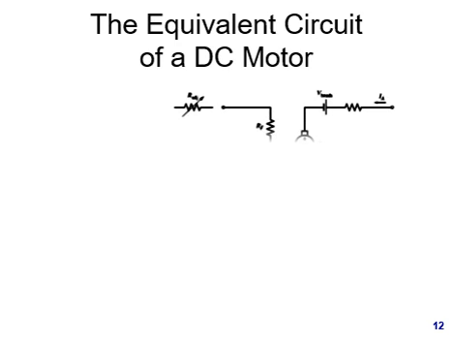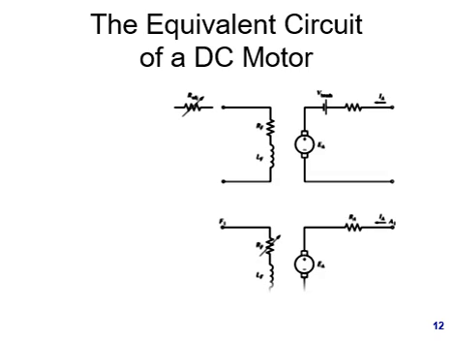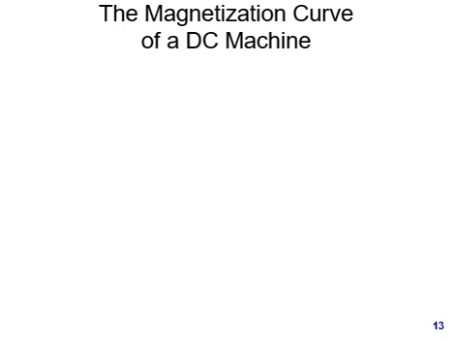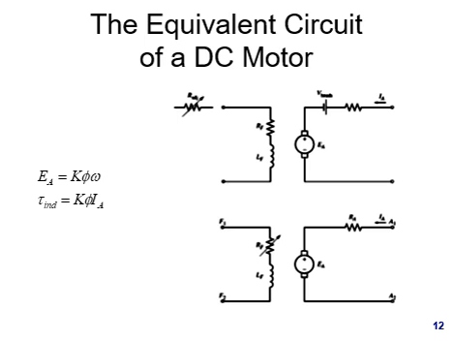So if we want to know about the equivalent circuit of a DC motor, it is quite simple. It can be obtained using the simple diagram, in which it can be seen that E_A is equal to K phi omega, where K is a constant, and torque tau is equal to K phi I. So this is I and this is E_A.